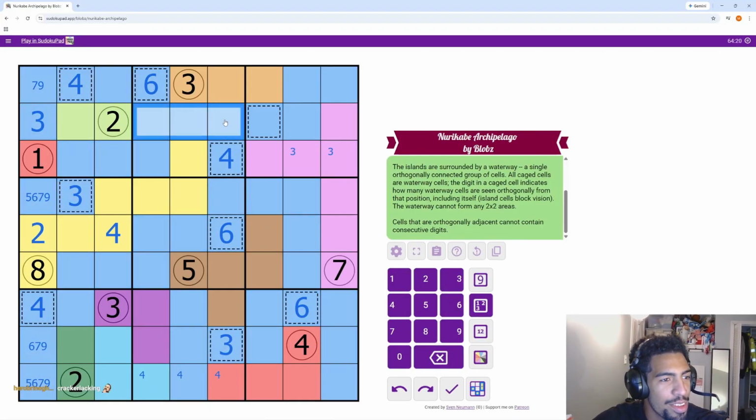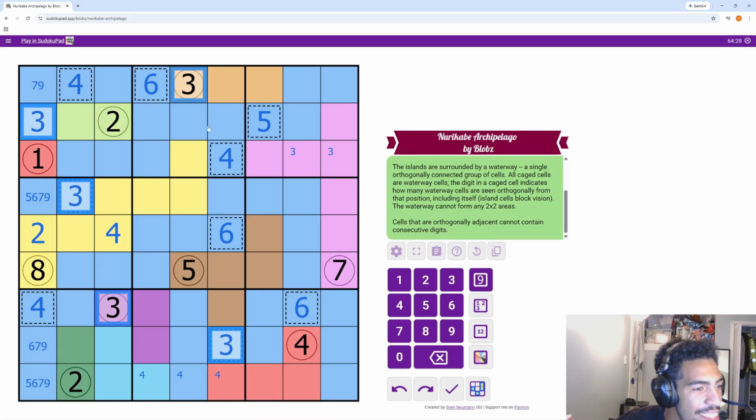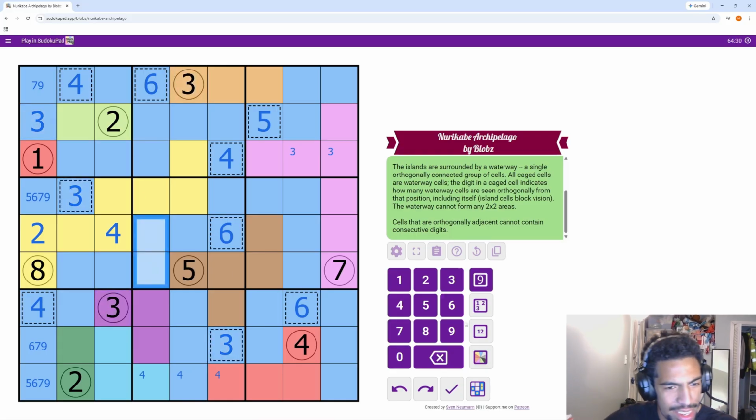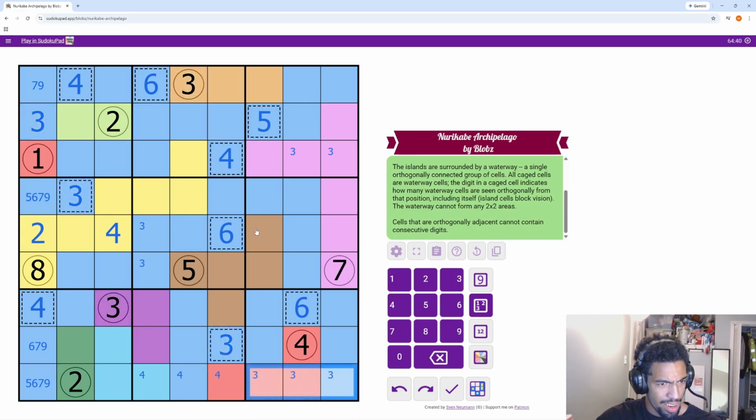Right. This is 1, 2. This is a 5. Okay, there's a 5. Oh no. Almost messed that up. Good catch. Thank you. Jeez. That could have been bad. So what am I looking at? 3 in here and 3 in this box? That's not fun.